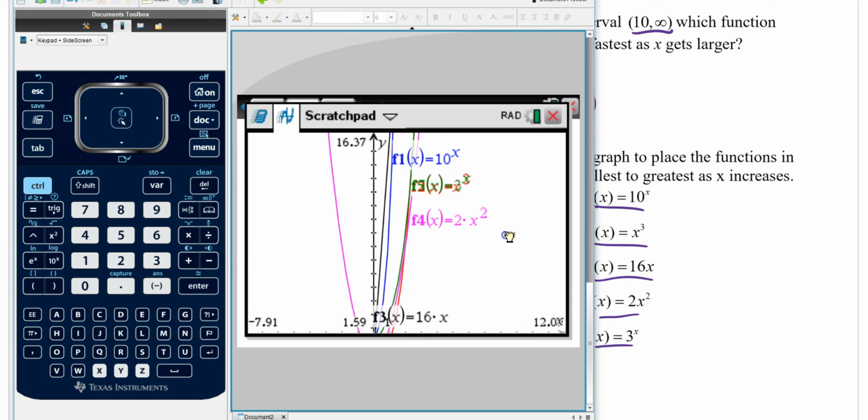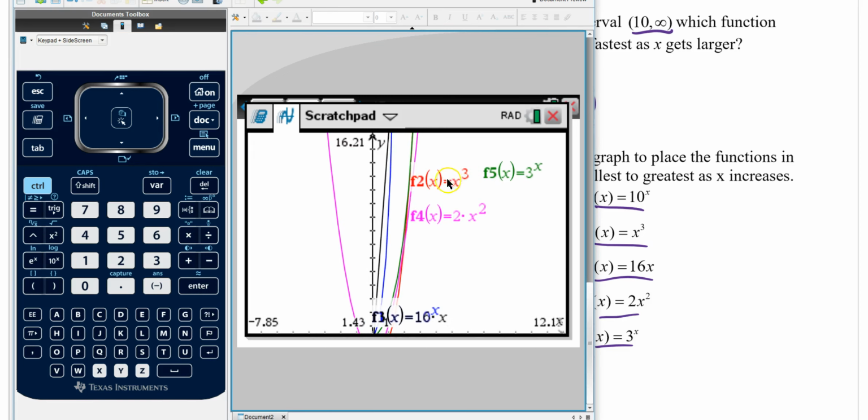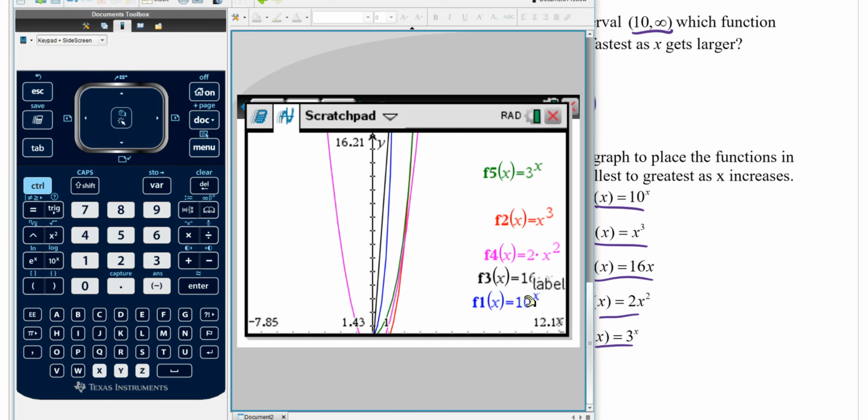And if I look at these, and move some of this stuff out of the way, I only care about the positive side of the graph. So smallest to greatest.